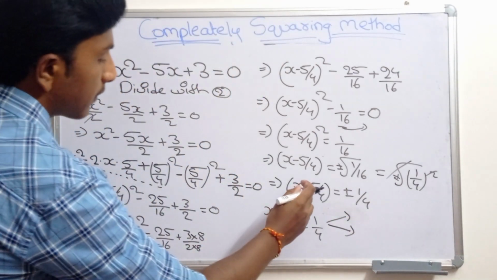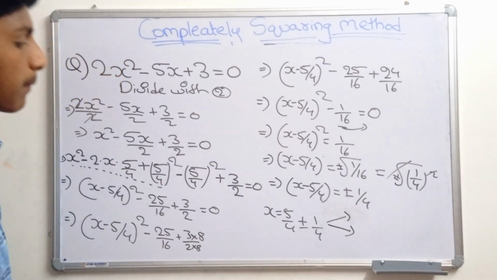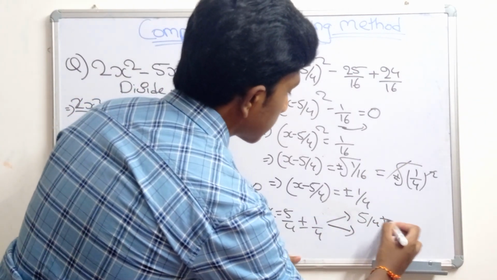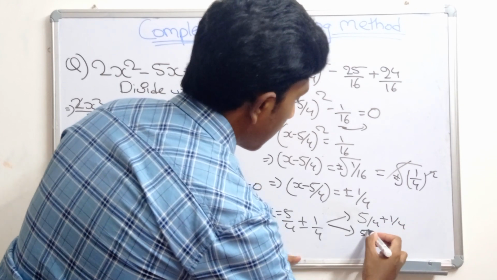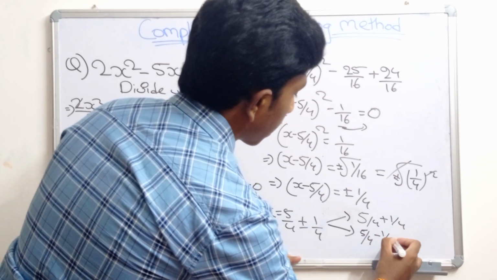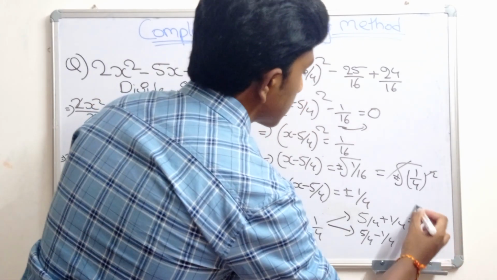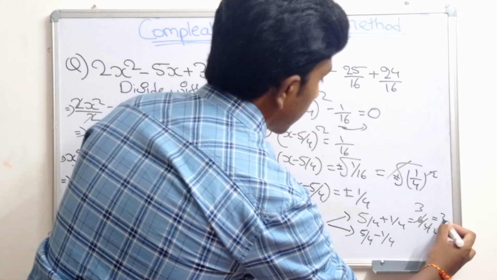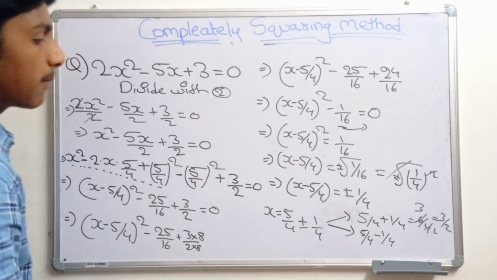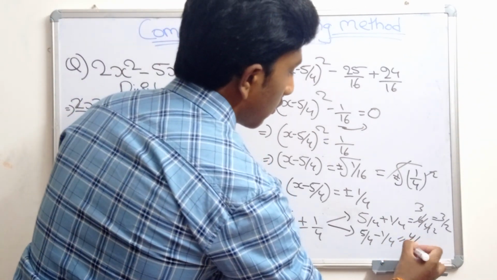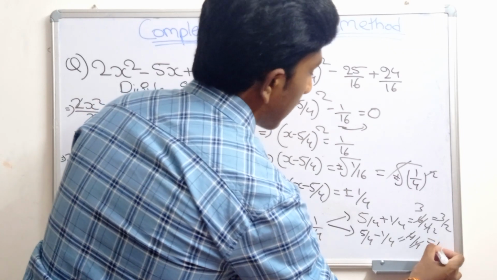So the first is 5 by 4 plus 1 by 4 and the second is 5 by 4 minus 1 by 4. 5 by 4 plus 1 by 4 means 6 by 4. When we cancel 6 by 4, we get 3 by 2, and 5 minus 1 by 4 is 4 by 4, so we get the answer as 1.